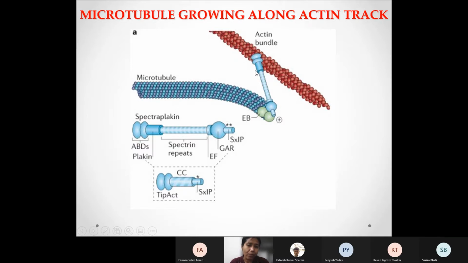And therefore, it provides a way by which a growing microtubule might follow an actin bundle. So it's kind of telling the microtubules, okay, you need to follow this path when you're growing. So it's a directed motion of growth of a microtubule.